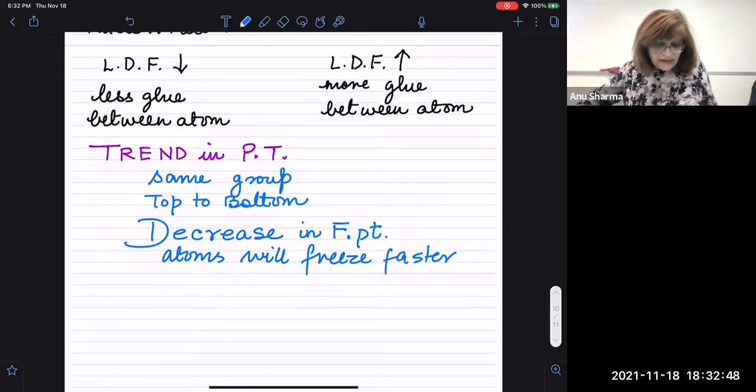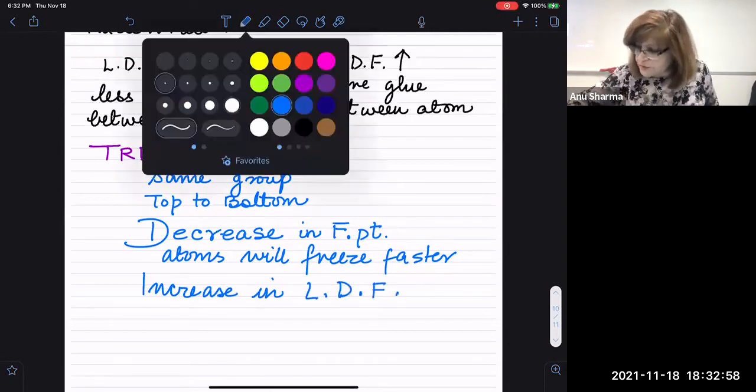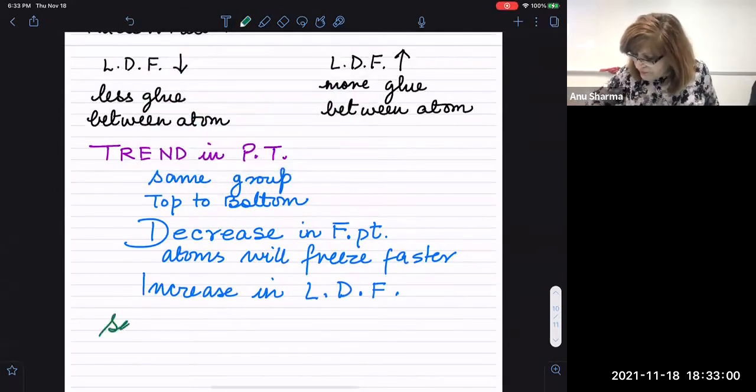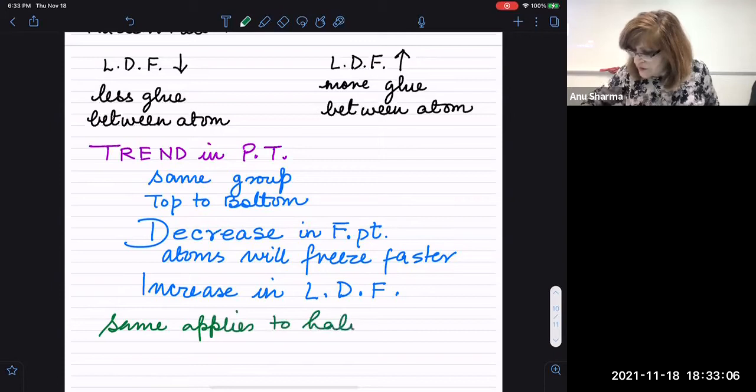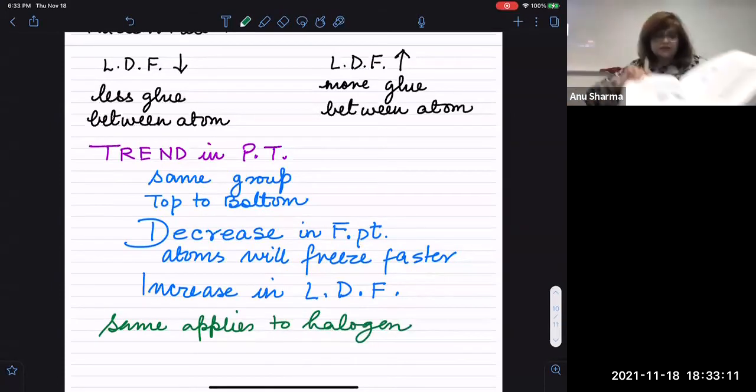And there is an increase in London dispersion forces. I'll put it here that the same applies to halogens.